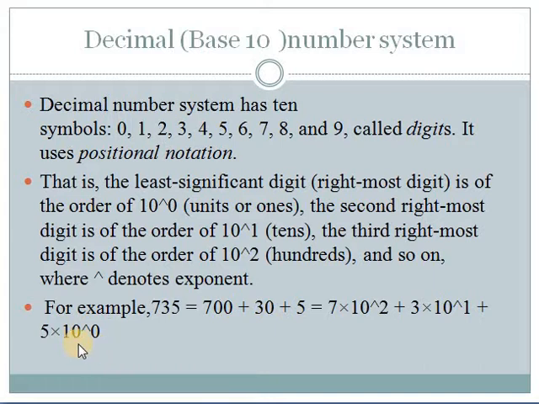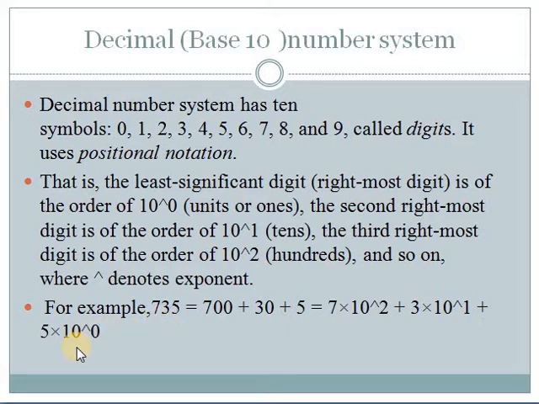For the first rightmost digit we have 10 power 0. For the second rightmost digit we have 10 power 1, that is 3 into 10, and next the hundreds, so 7 into 10 power 2. From the least significant digit on the right we are moving towards the left. So 5 into 10 to the power 0 plus 3 into 10 to the power 1 plus 7 into 10 to the power 2.